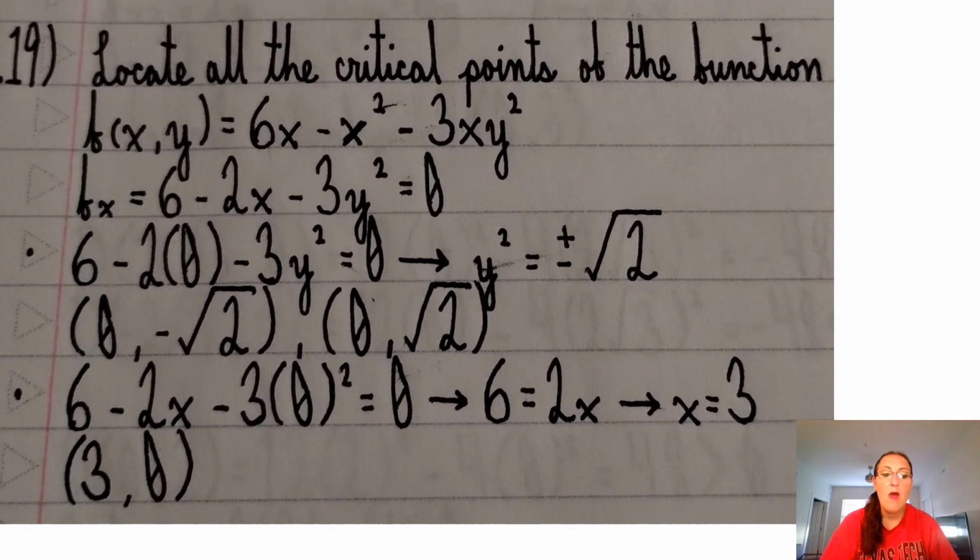With y equals 0: 6 minus 2x minus 3 times 0 squared equals 0, giving us 6 equals 2x, giving us x equals 3, so (3, 0) is another critical point. A way to find the critical points would be to put x or y as 0 and simplify the equation.